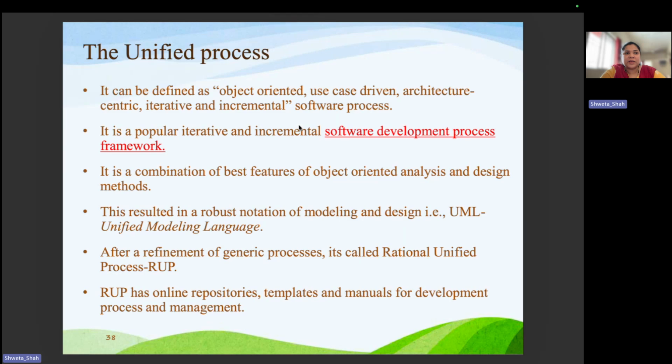Now, the most important one is the unified process, which was introduced in the software engineering subject: an object-oriented, use case-driven, architecture-centric, iterative and incremental software process.